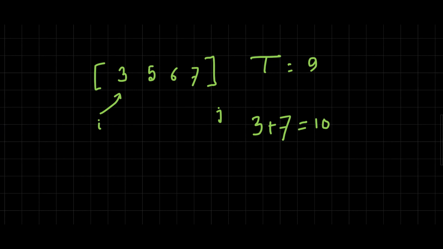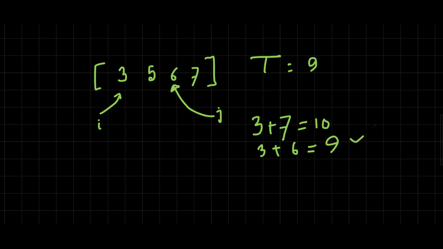Now our j pointer is pointing to the previous element 6. Now we have to check the condition again, whether the summation is less than or equal to the target or not. Here the summation of pointer i, 3 plus 6, will be 9.